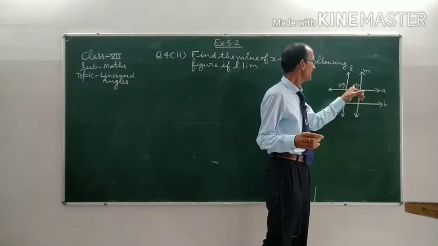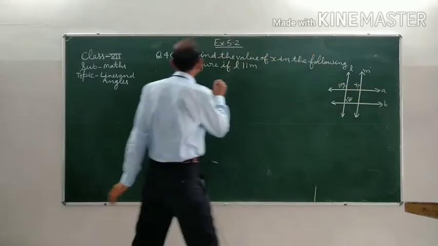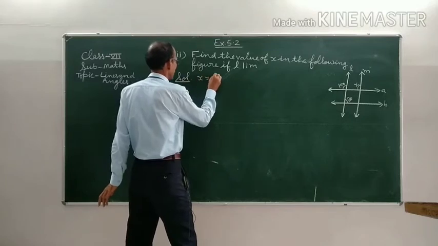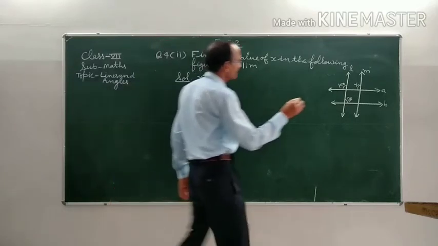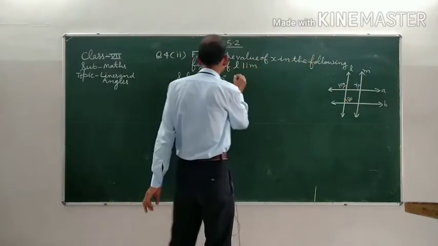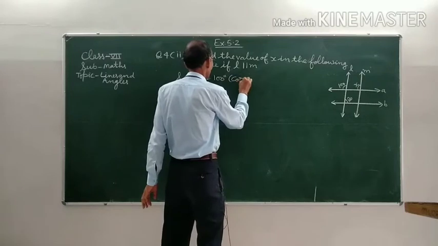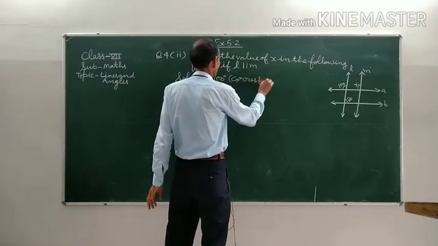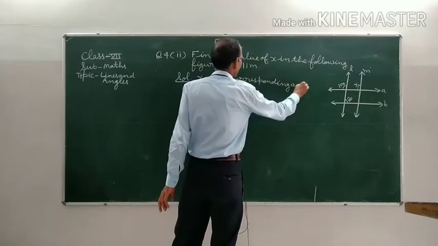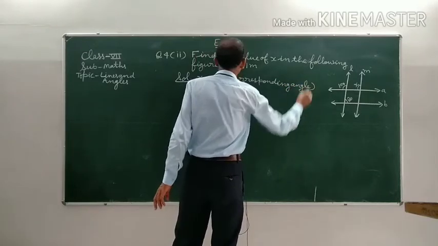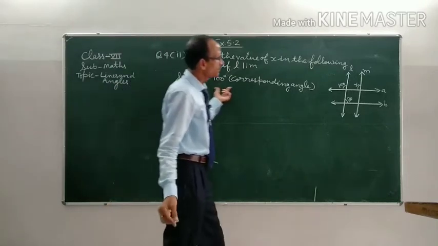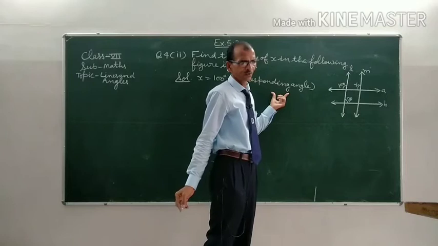So, by the property, x is equal to 100 degree, because x and 100 are the corresponding angles. By this property, value of x will be 100 degree. Okay?